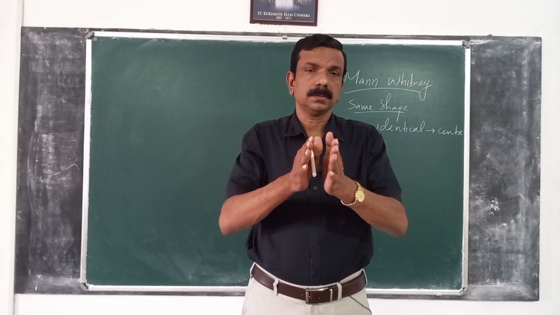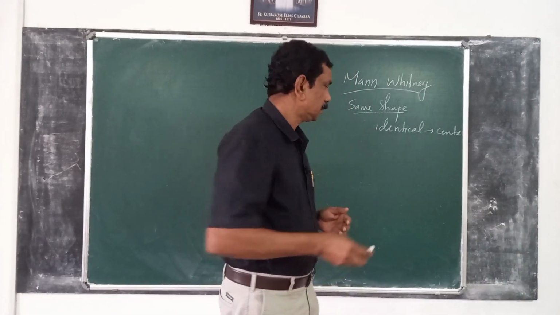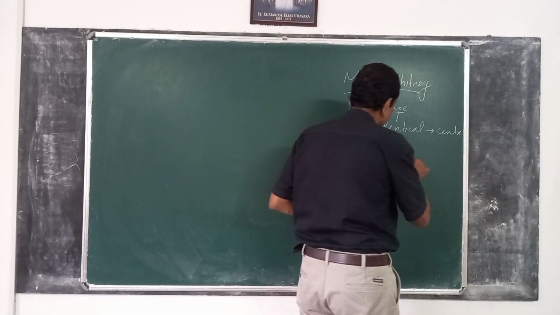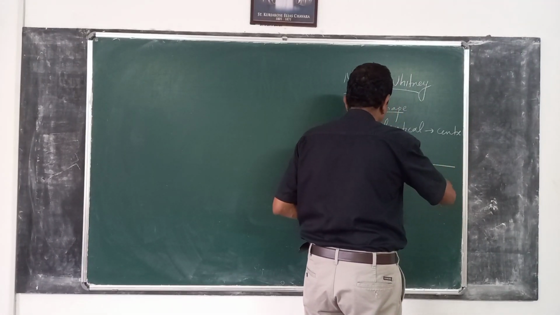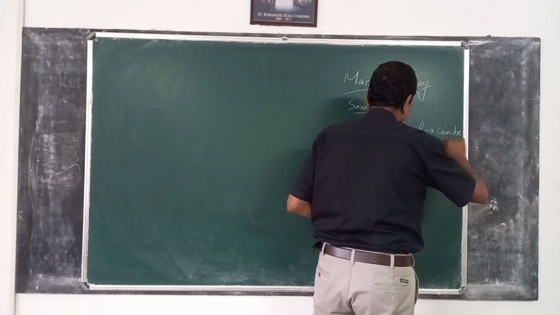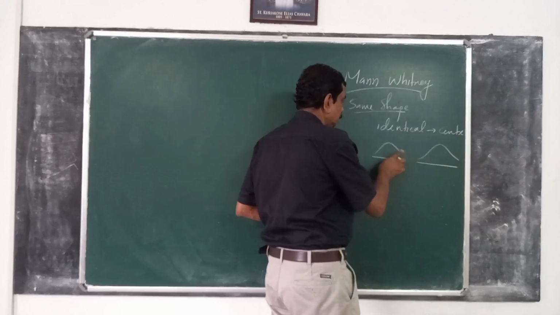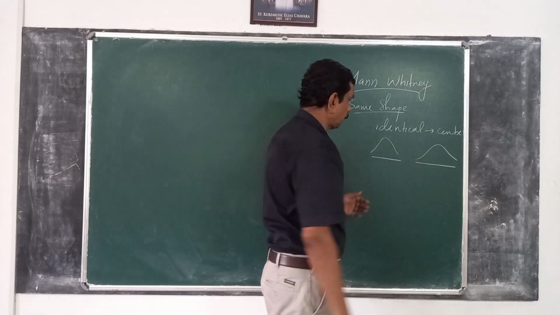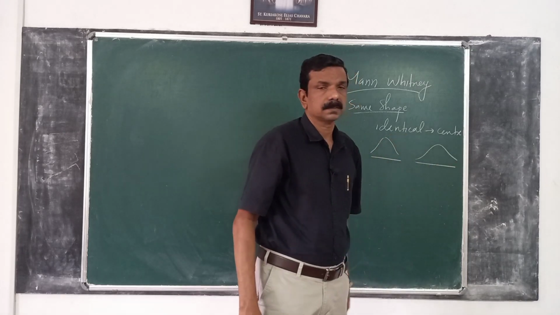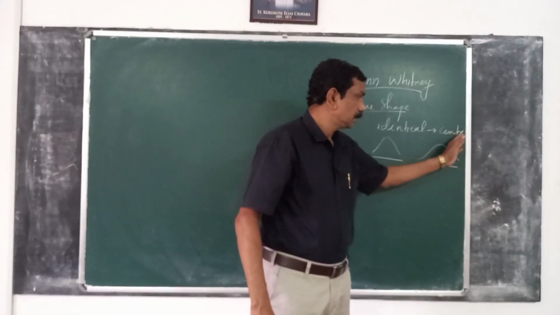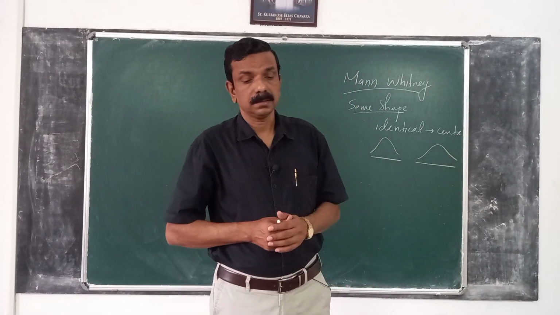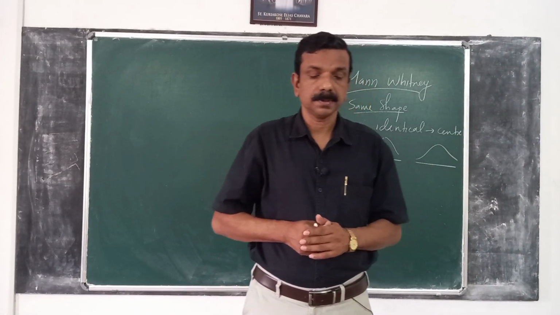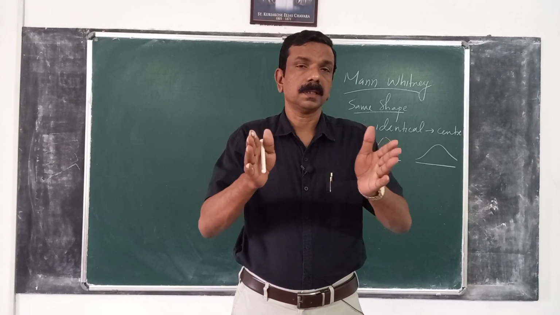For example, two normal distributions having the same standard deviation, but different means, have the same shape even though the means are different.